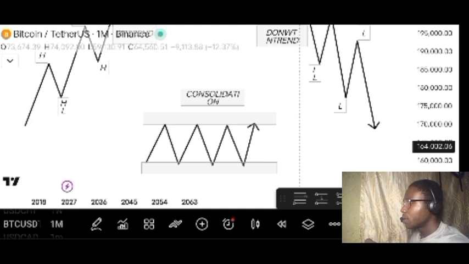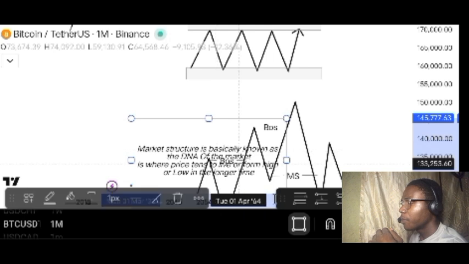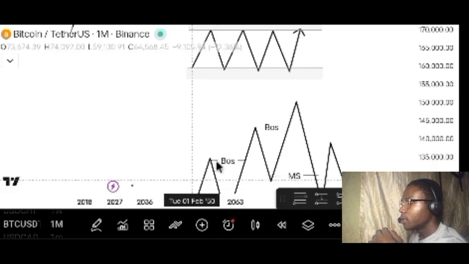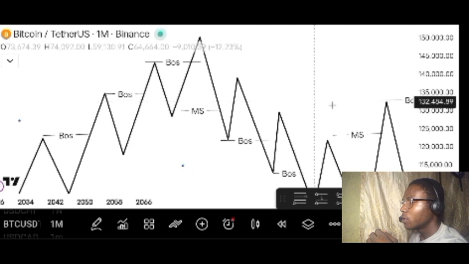Alright guys, see this pattern. This is very important. Price goes up here, boom, comes down, higher high, higher low, break of structure below this low.